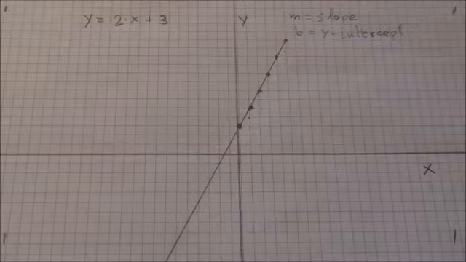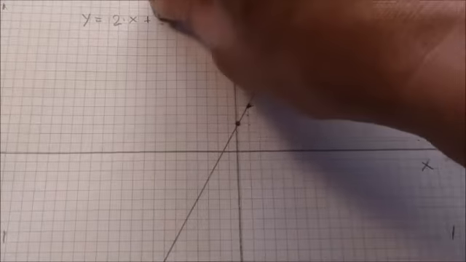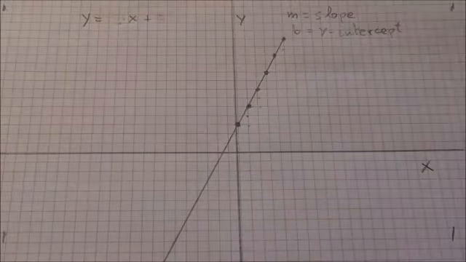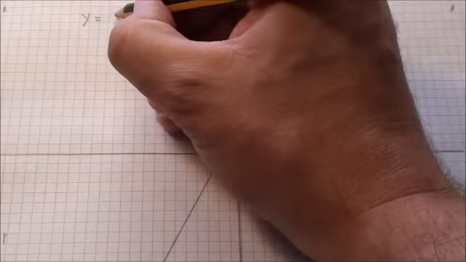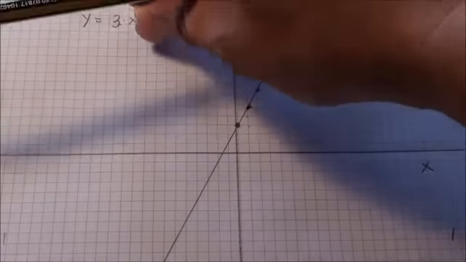Now let's change the y-intercept and the slope again, and let's see how we can graph the new function. Let's make the slope 3, for instance. Let's make the y-intercept a negative number.